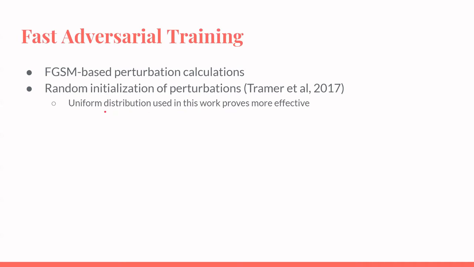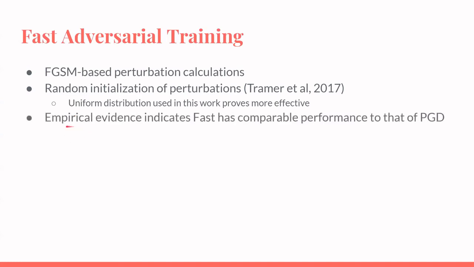A uniform random distribution is proven more effective than the random initialization that Tramer et al. had, which I'll show you later on in the algorithm for that training. And empirical evidence presented in this paper indicates FAST has a comparable performance to that of PGD. So that's very important. This adversarial training method is fast, and it's effective, and it's accurate.